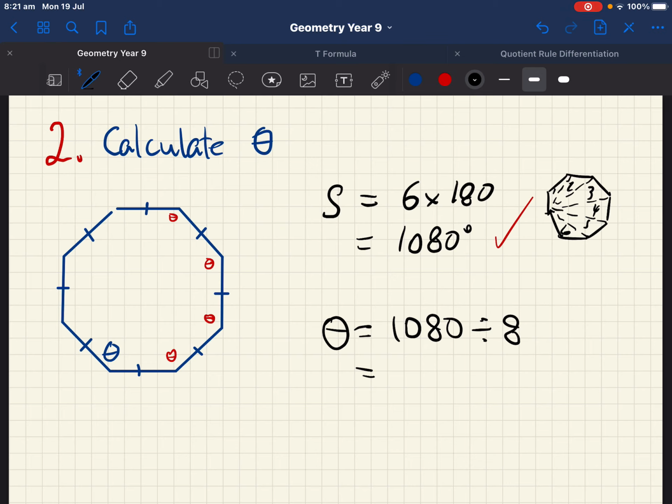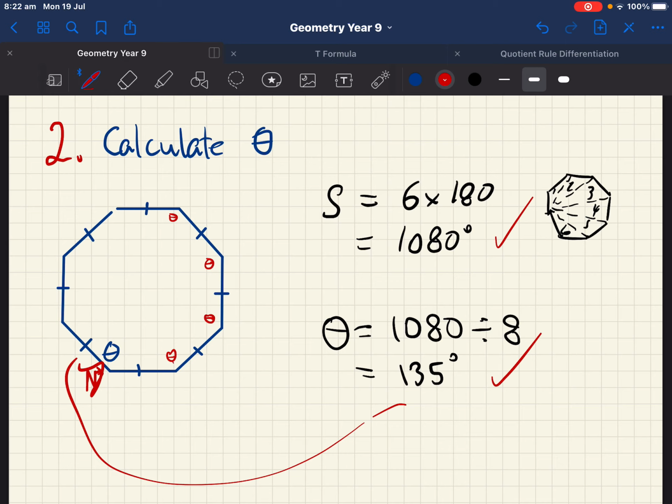So we just type this in our calculator, we press equals, we end up getting a number, and that's it with the question. We've now found the size of, well, not only this angle, but every single interior angle in this octagon.